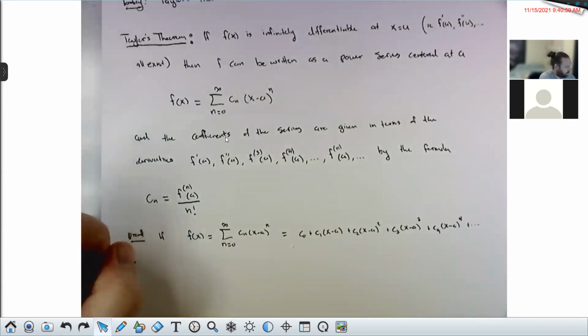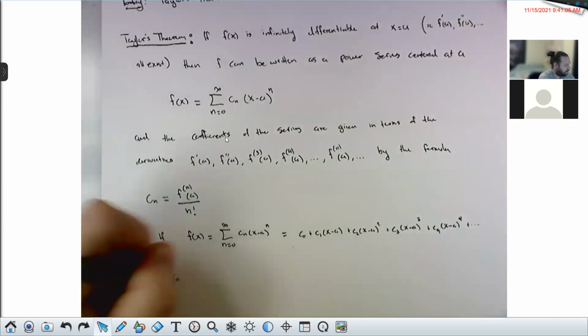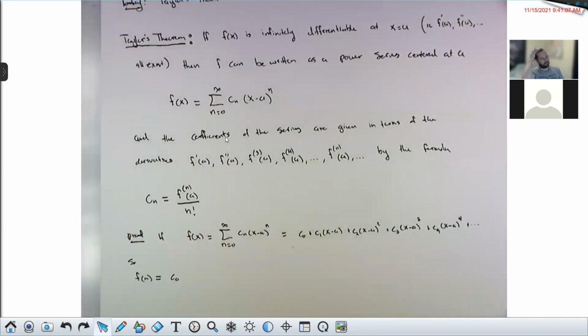So f of a, if you plug the center into this series, you just get C0. Because this would be a minus a, this would be a minus a squared, this would be a minus a cubed. All of these terms become 0 when you plug in a for x. So f of a is equal to C0.